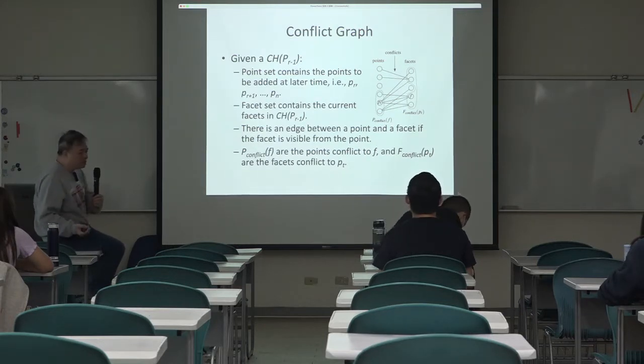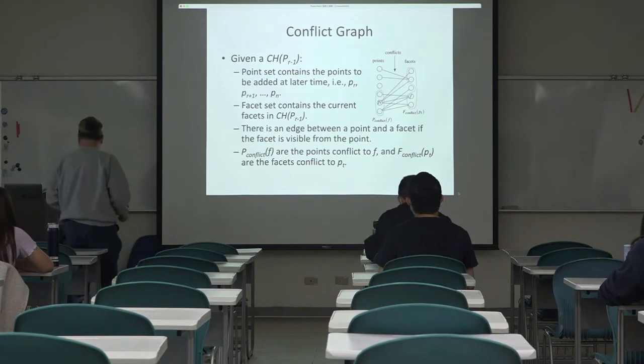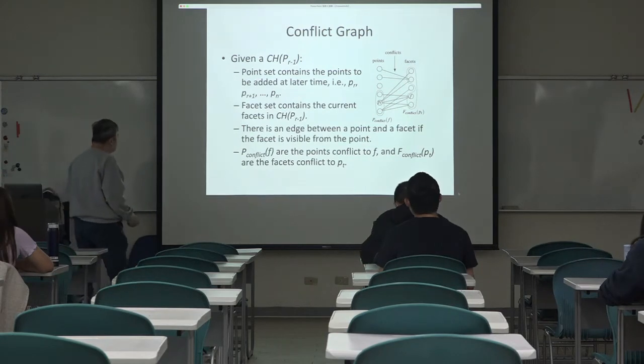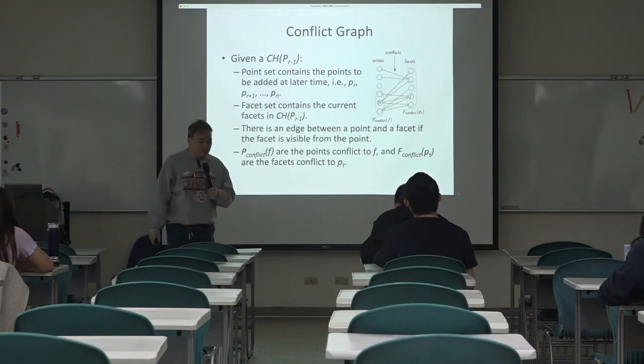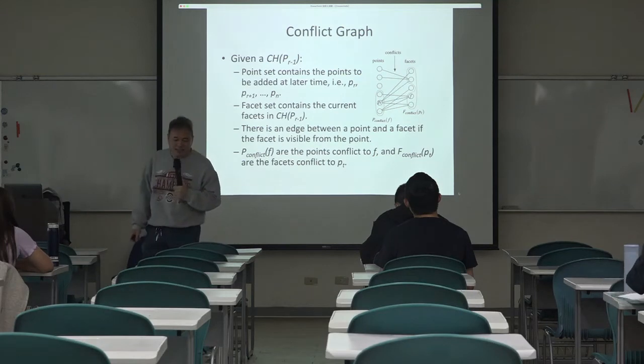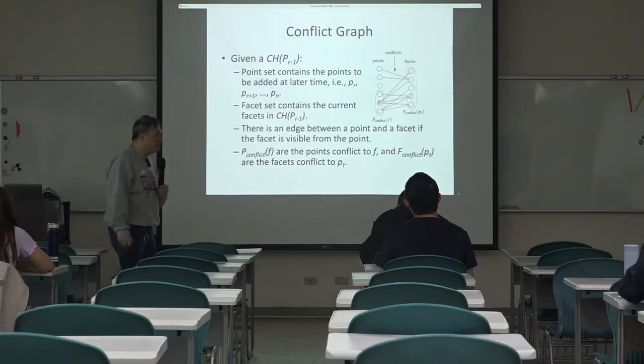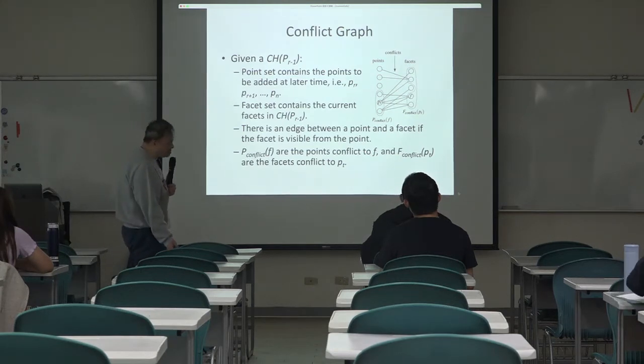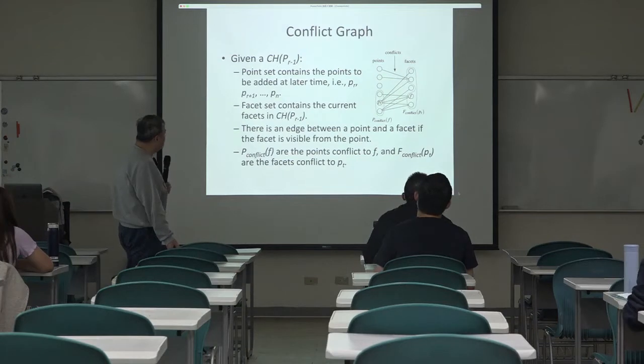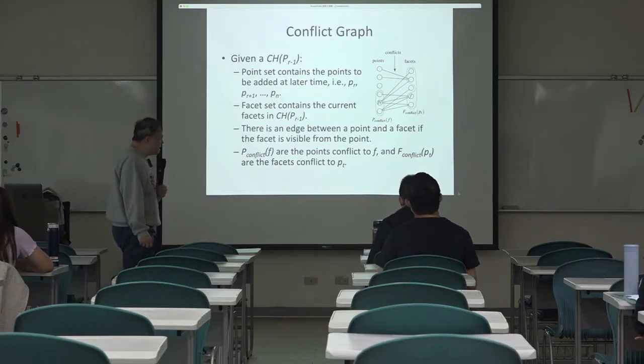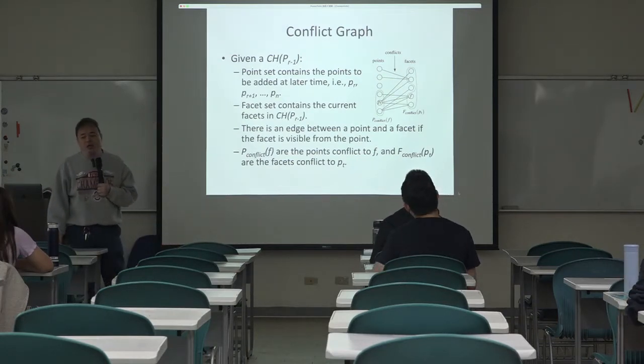So intuitively, it looks like if you want to maintain this conflict graph, it's expensive. It looks expensive because when you insert a point, you are doing additional work.